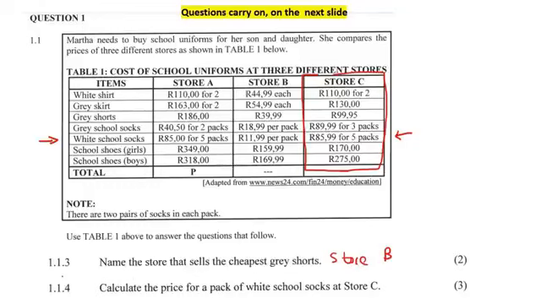So you're just going to say 85,99 and divide that by 5. If you do that, you're going to end up with 17,198. But obviously, this needs to be rounded to 2 decimal places, so then you can say 17,20. So it's 17 Rand 20 per pack.